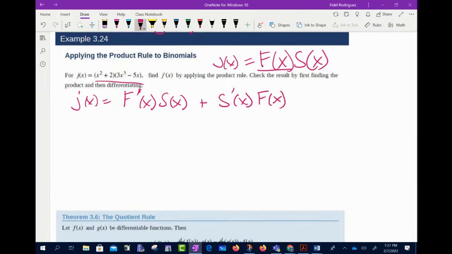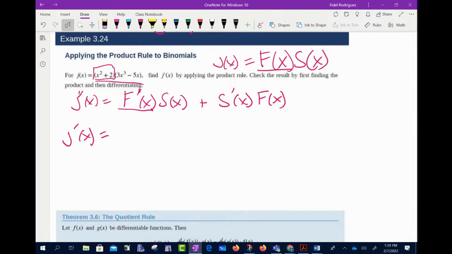Okay, so let's go through piece by piece. We're going to take the derivative of the first. So here is the first function.